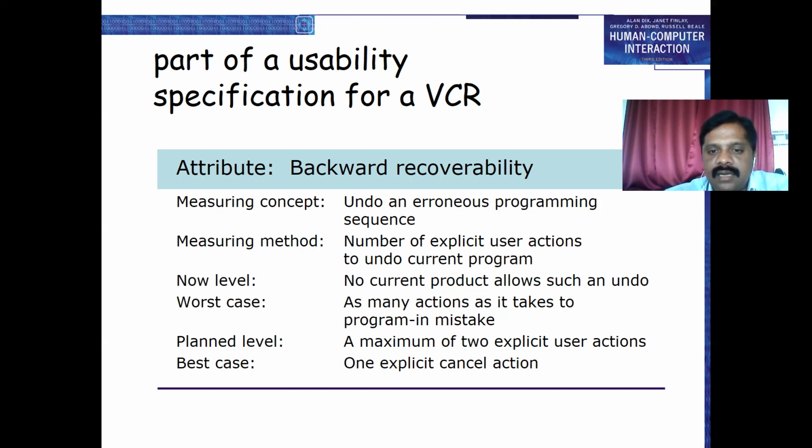Measuring method: number of explicit user actions to undo the current program. Now level: no current product allows such an undo. Worst case: as many actions as it takes to program in a mistake. Planned level: a maximum of two explicit user actions. Best case: one explicit cancel action. So this is the attribute of our background recoverability.